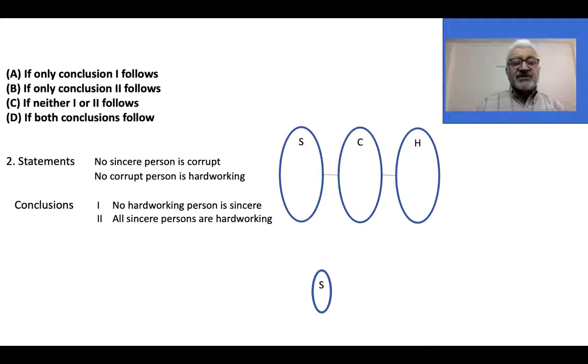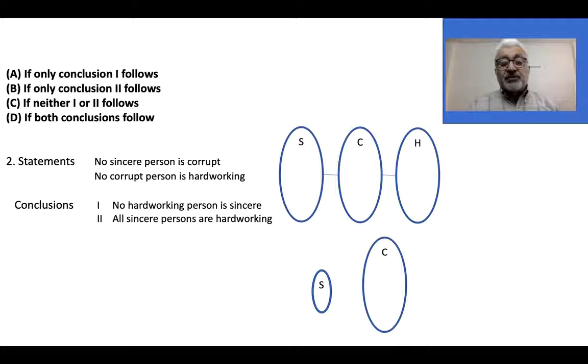The first one says no sincere is corrupt. So let's say the first oval is sincere and the other is corrupt. We need to draw a bar between them, showing that they don't have any kind of overlap. Then it says no corrupt is hardworking, so keep the corrupt away from hardworking.